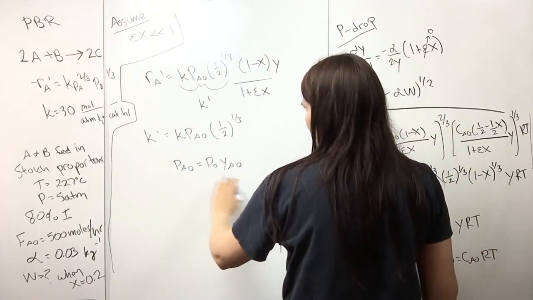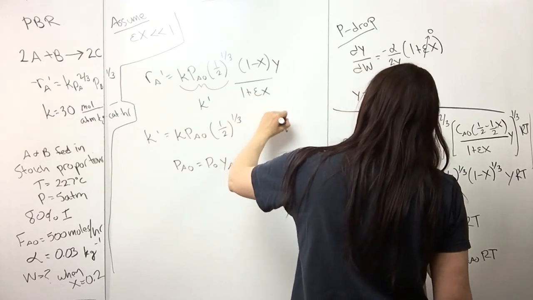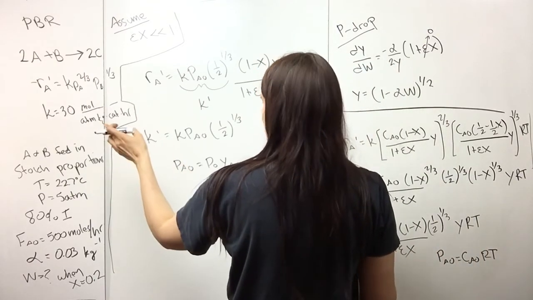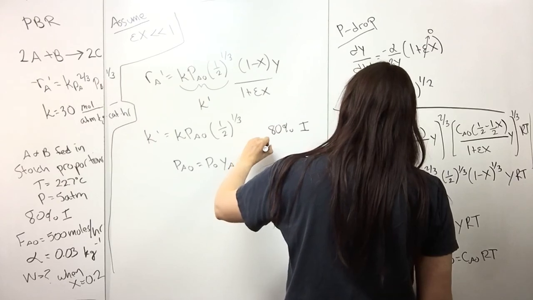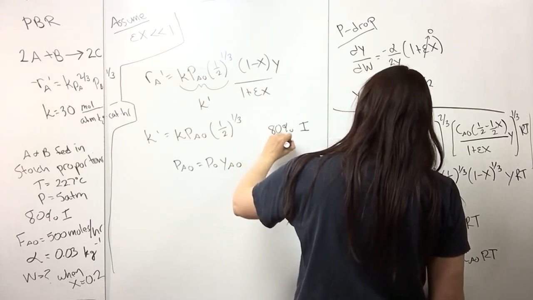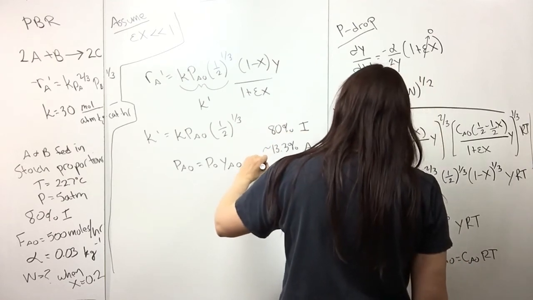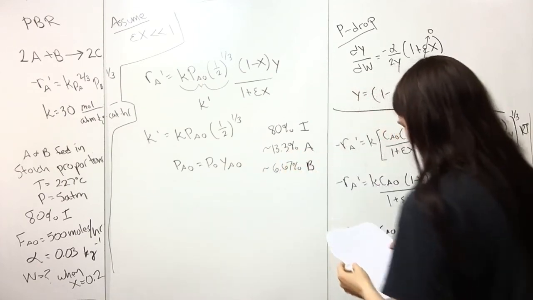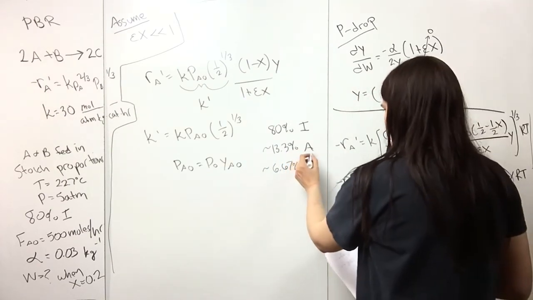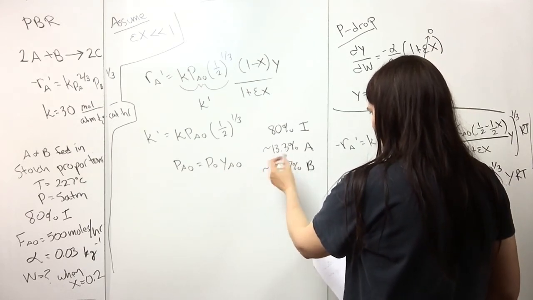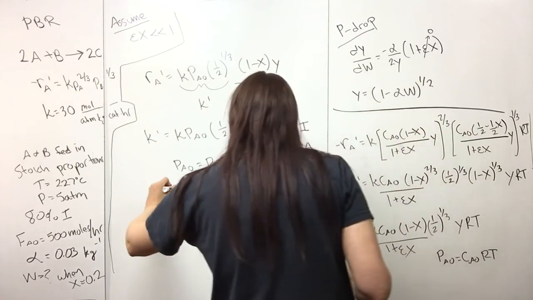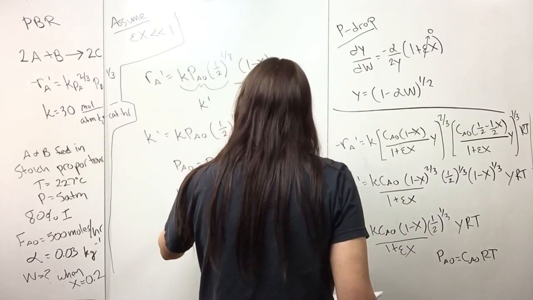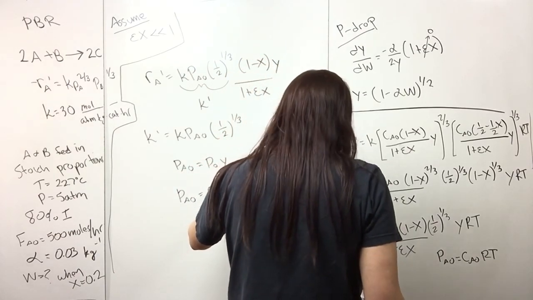So I know that the feed is 80% inert, and then I know that I have twice as much A as I do B. So this is approximately 13.3% A and approximately 6.67% B. And YA naught is just 0.133, so PA naught is equal to P naught, which was 5, multiplied by 0.133.